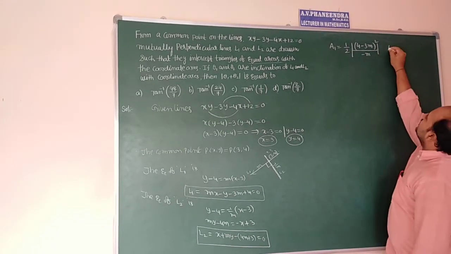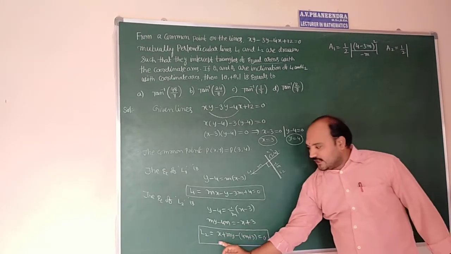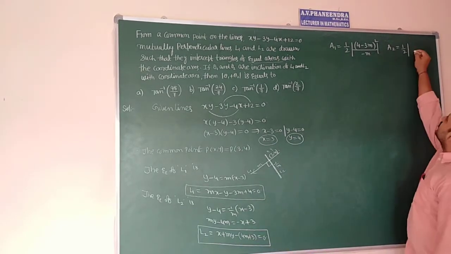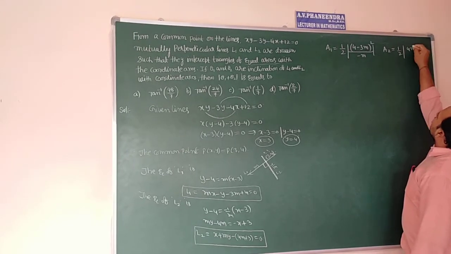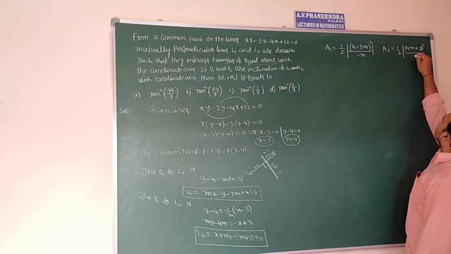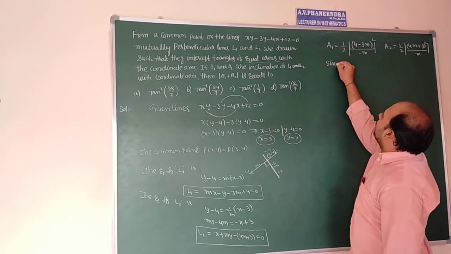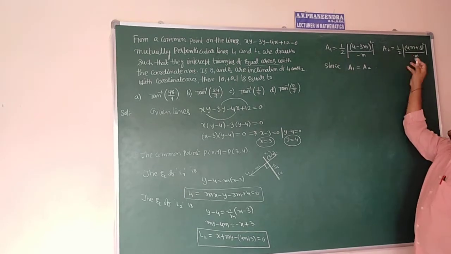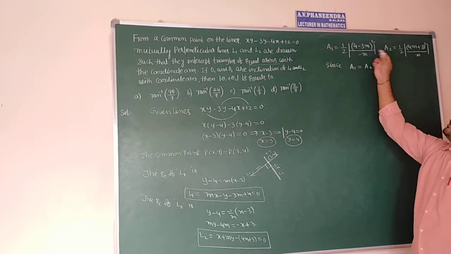Next, calculate A2. A2 is half into c squared for the second equation. C is minus of 4m plus 3, that whole squared, so 4m plus 3 whole squared, divided by ab. The a value is 1, the b value is m, so m into 1 is m. Since areas are equal, A1 is equal to A2. The 1 by 2 will be cancelled. Obviously in the denominator m also cancels, within the modulus it becomes plus.